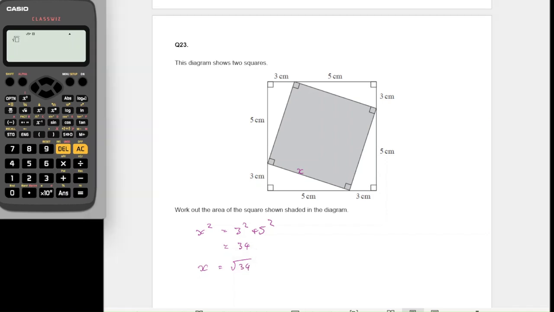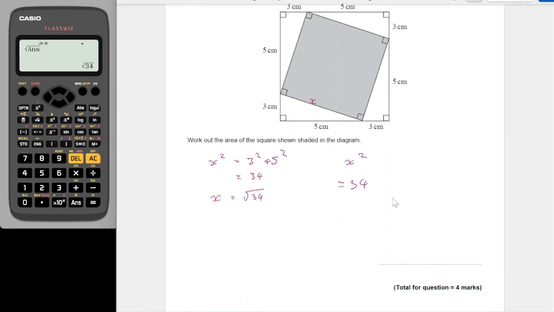I'm going to leave my answer as root 34. So work out the area of the square shown. So the area is going to be x squared, which we worked out here anyway. So we're looking at 34, and again, we've got no unit mentioned, so centimeters squared.